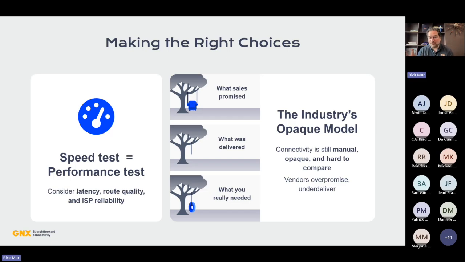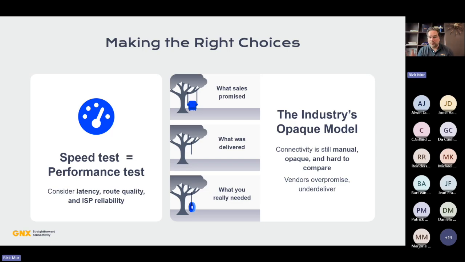What is diversity, right? Do you consider diversity 2 different IP addresses? Do you consider diversity 2 different access technologies going into your building? Or do you really consider it full path diversity, where all the fibers are traced and everything is completely separated? And of course, typically, because the industry is quite opaque, vendors will overpromise. They will say to you that they are the incumbent in a certain country.